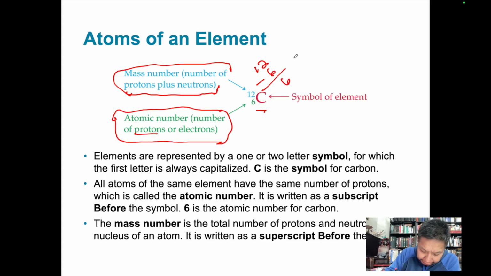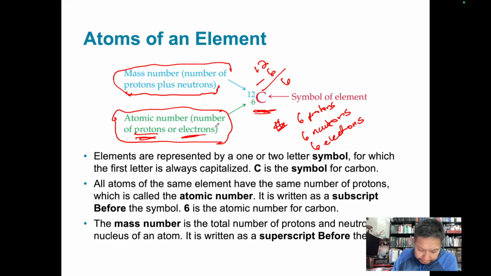So in this particular atom, which is carbon-12, you have 6 protons. You have 6 neutrons, and then you have also 6 electrons, because in a neutral atom, the number of protons equals the number of electrons.